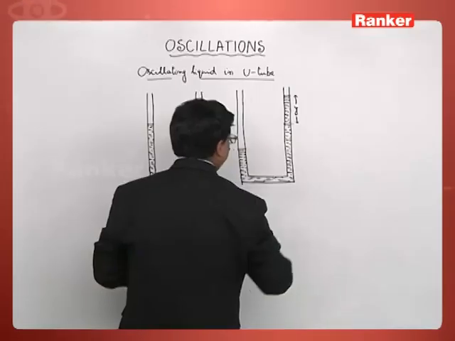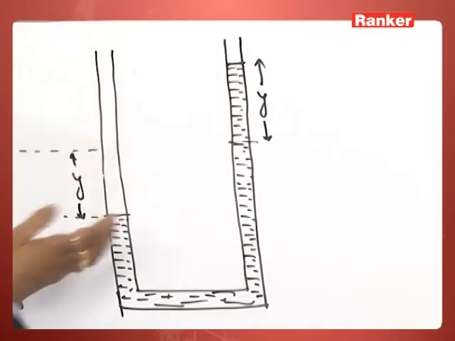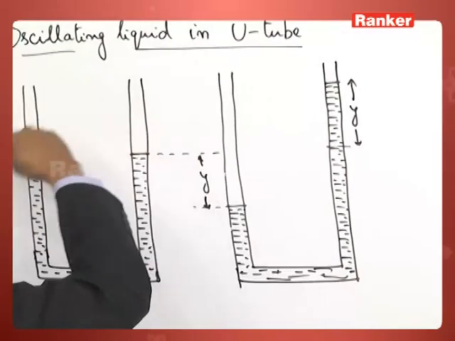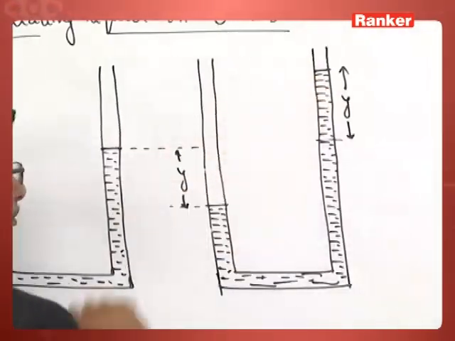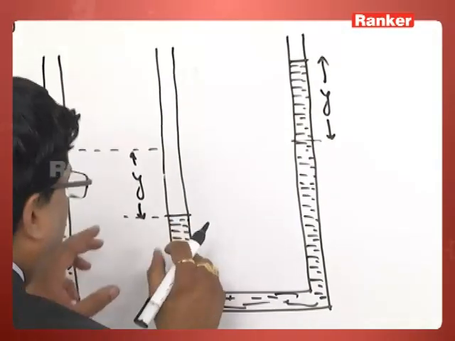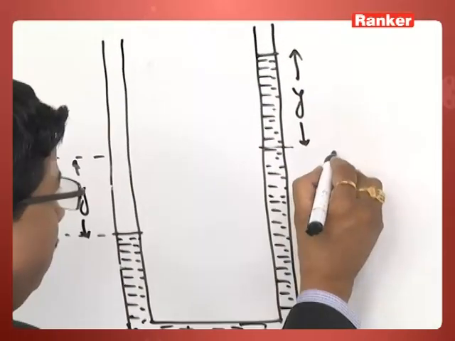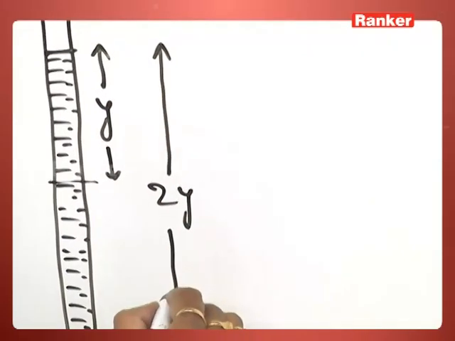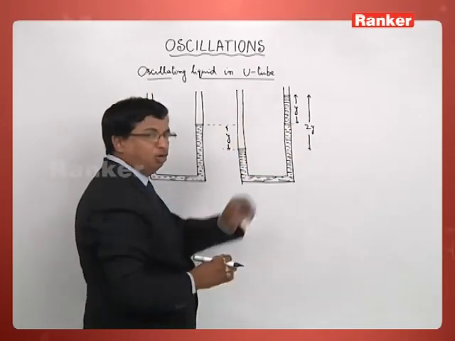So when we compress this liquid by blowing some air, the level of liquid rises here by the same value y. That means presently this is coming down by y and that is going up by y, so the total height difference will now be 2y.